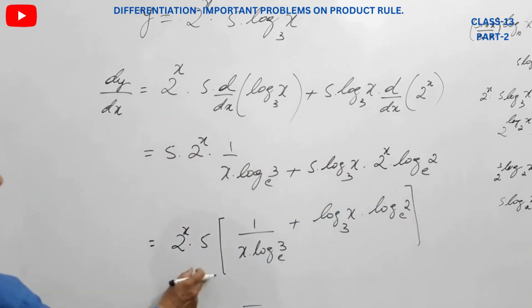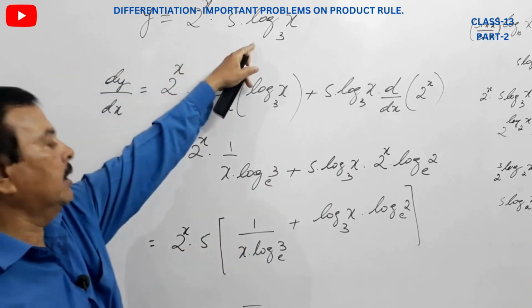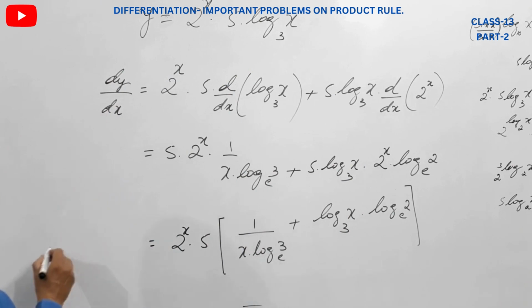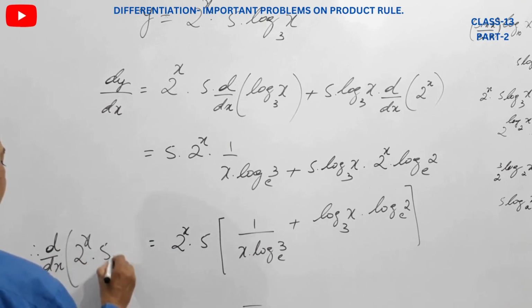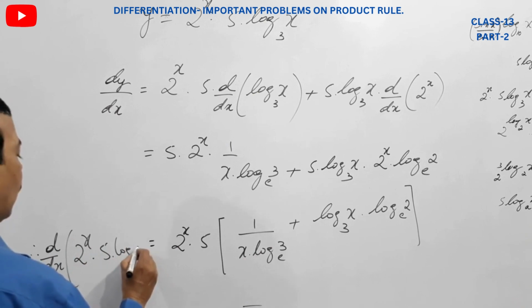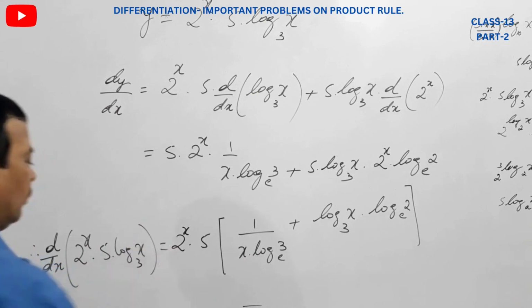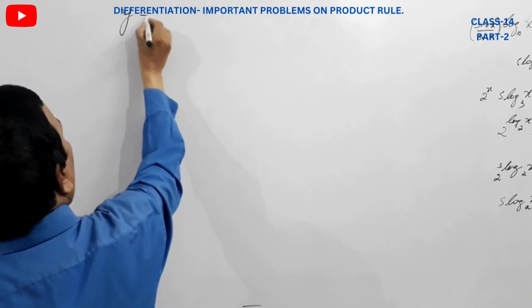Therefore, you write this next line, repeat the question: therefore d by dx of 2 to the power of x 5 log x to base 3 equals this. For saving time I am writing it this way. This is the answer.